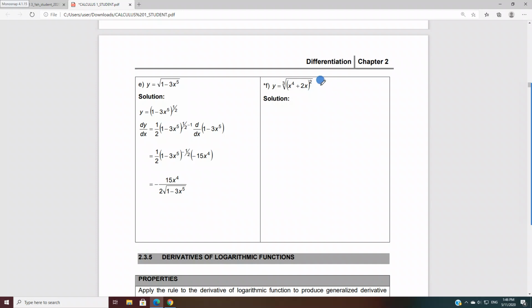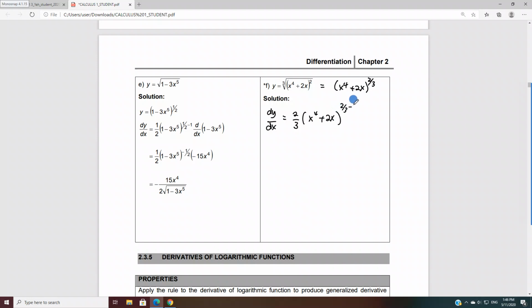Okay, yang ni awak tukar juga. Dia jadi x to the power of 4 plus 2x kuasa 2/3. Okay, so differentiate dia. Differentiate kuasa dulu kan. 2/3 x to the power of 4 salin balik yang dalam bracket tu.